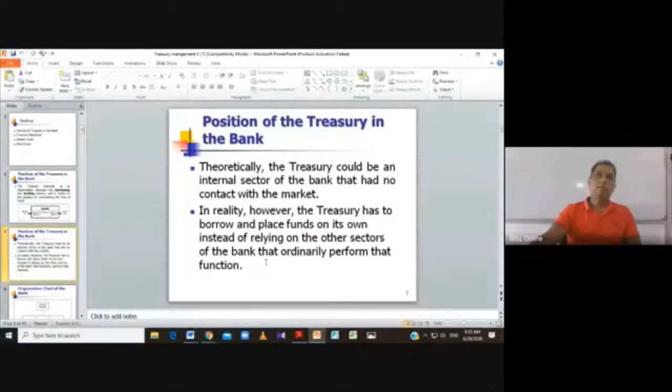Then suddenly the treasurer decides, because he's in touch with the market, although he doesn't face clients on deposits and lending side, he does face the interbank market. He does have a feel on where interest rates are, because they're dealing in products that are very much in that. He realizes that he can raise deposits from a debenture or a commercial paper, for that matter, at 7% or 8%, without going and borrowing deposits from a client.